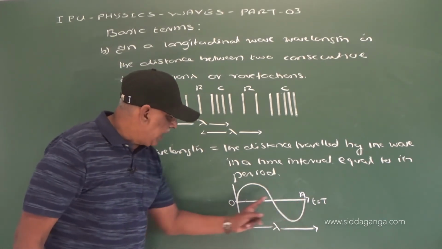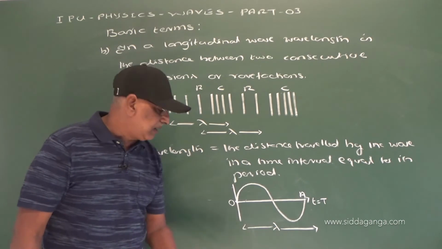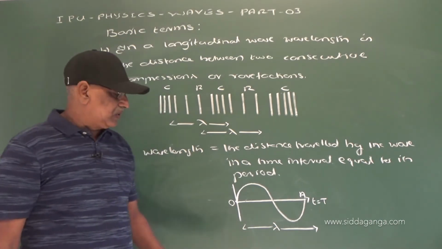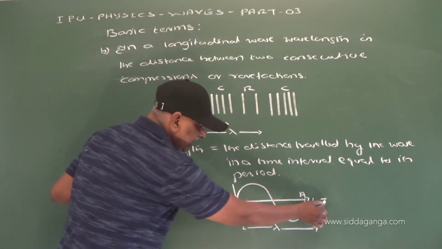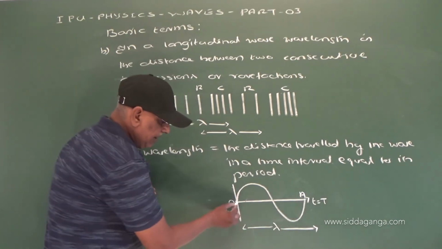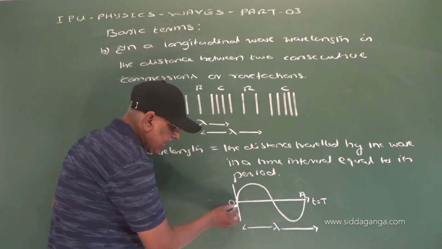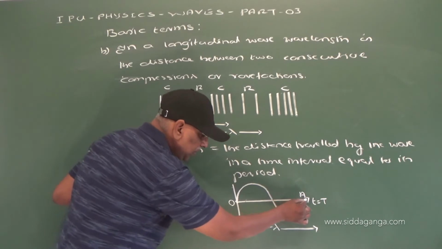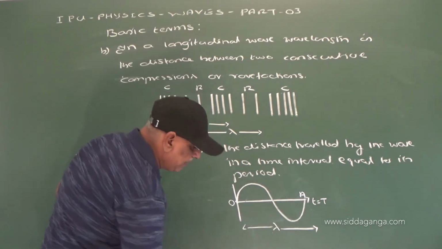So the time period is equal to the time taken to generate one complete wave. Now O and A are in the same state of vibration. In a time interval T, the wave or disturbance has traveled from O to A through a distance lambda.